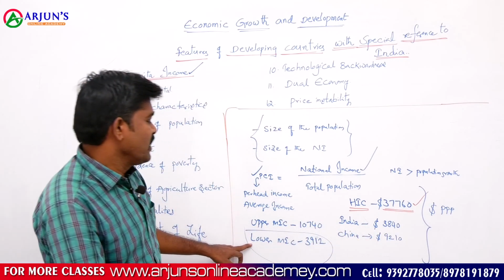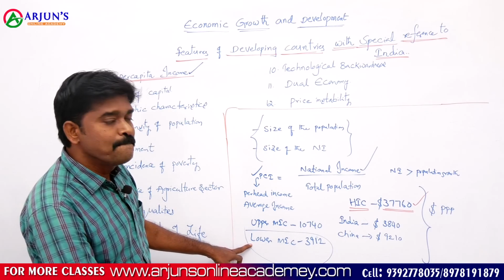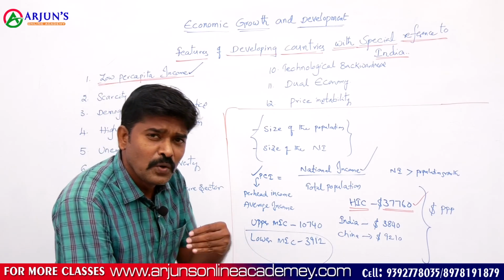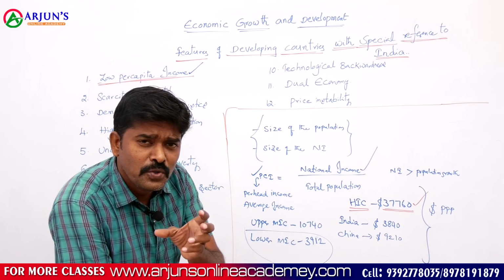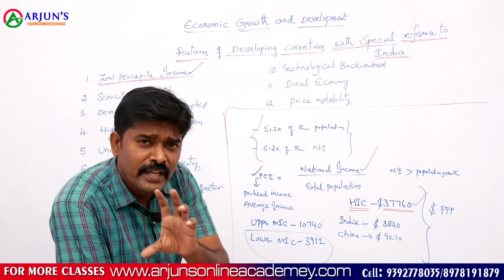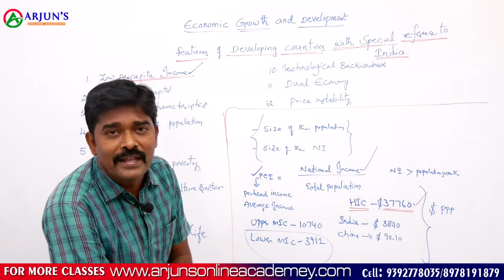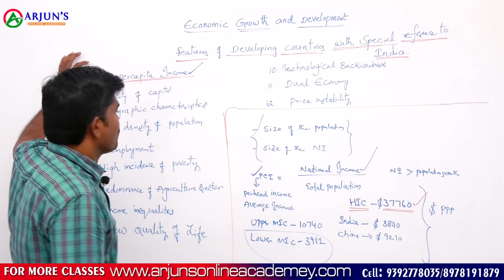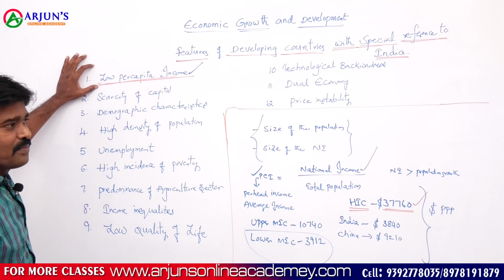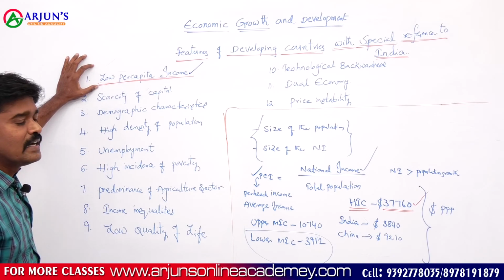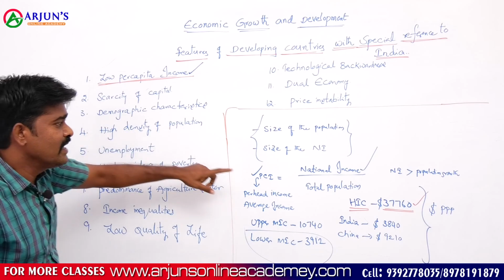India comes under the category of lower middle income countries. Though there is economic growth, due to the high size of the population we are unable to get a high per capita income. So low per capita income is one of the important characteristic features of a developing economy like India.